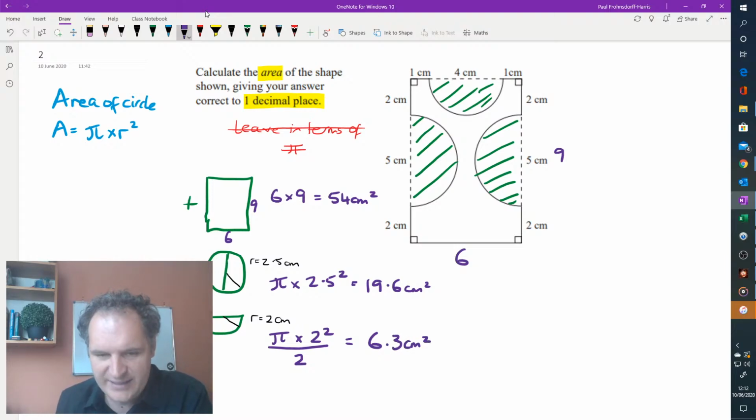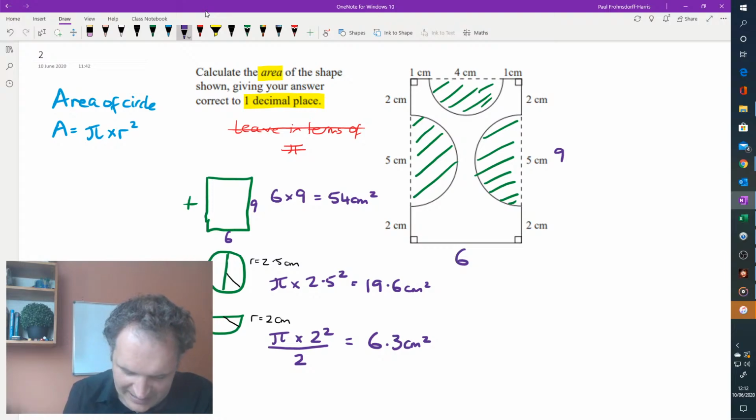Now I've done something bad here. Normally you should not round all the little individual bits. You round them at the end. So what I'm going to do is add the actual numbers rather than the rounded numbers, because Mr. Harris should not have been rounding. You should never round during the event.